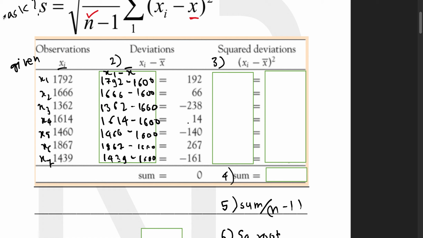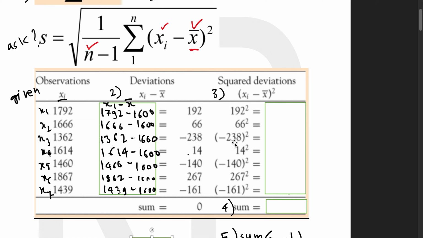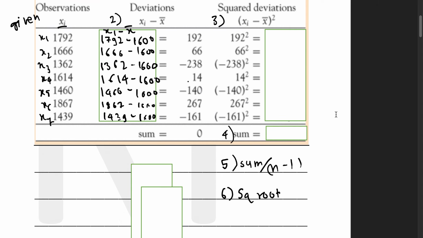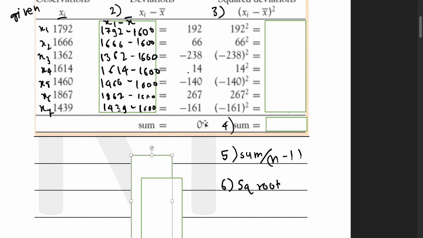And the next step is nothing but squaring these terms. So basically take the squares of these: 192 squared, then 66 squared, then negative 238 squared, 14 squared, and so on, right? Notice that the negative sign is going to go away, and that is what we want, because otherwise we are going to end up getting 0, right?